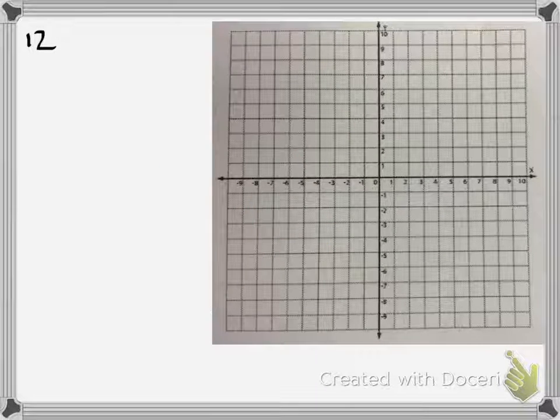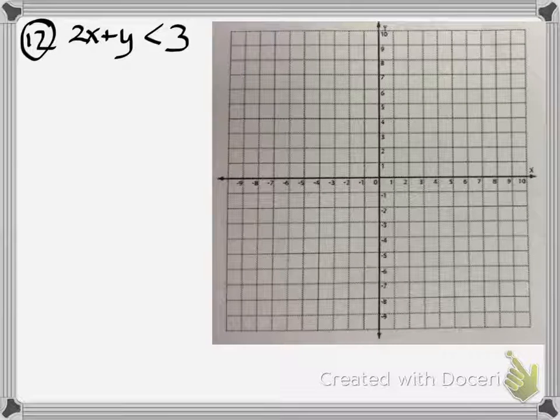So let's take our last one. This one was in here because what's different about it? It's 2x plus y is less than 3. And so our variables are on the same side. That does not work for graphing in the system that we're using with the y-intercept.